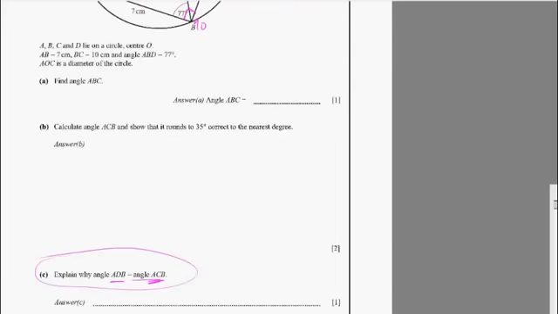So if we know that we have 264 degrees over here, then what's left over? 360 minus 264 is equal to 96 degrees. So 96 degrees divided between both of these. We have 96 divided by 2, which is 48. So we have 48 degrees here and 48 degrees here.